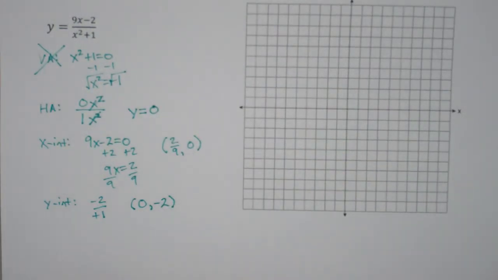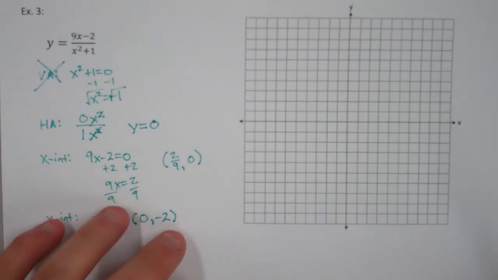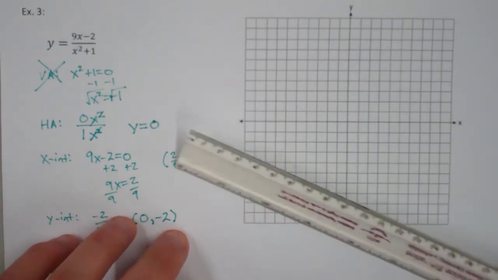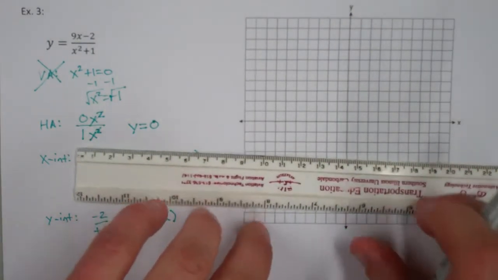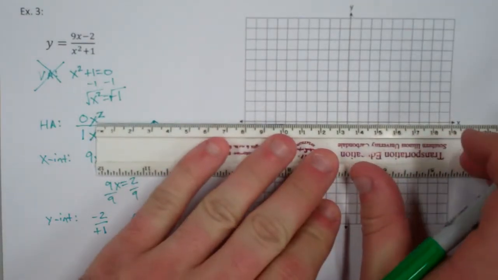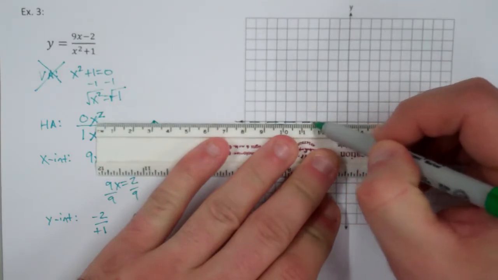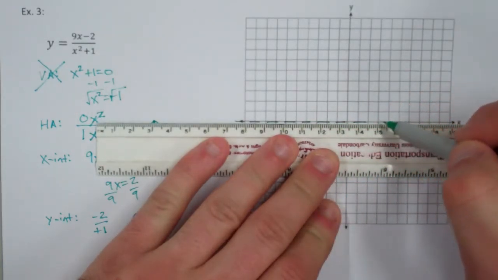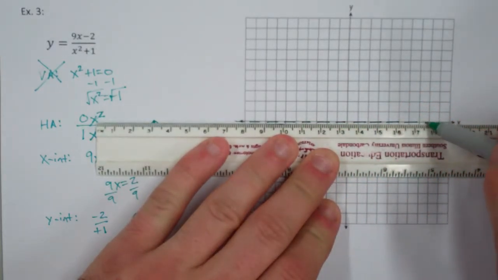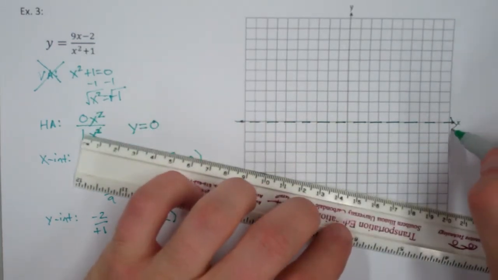Alright, let's see if we can graph this. We're going to graph our helper line, our horizontal asymptote. No vertical asymptote for this one. Alright. So that horizontal asymptote was right here. It's just the x-axis. And it's debatable whether you really have to graph this asymptote or not. I mean, as long as you understand it to be the x-axis, then you are fine.